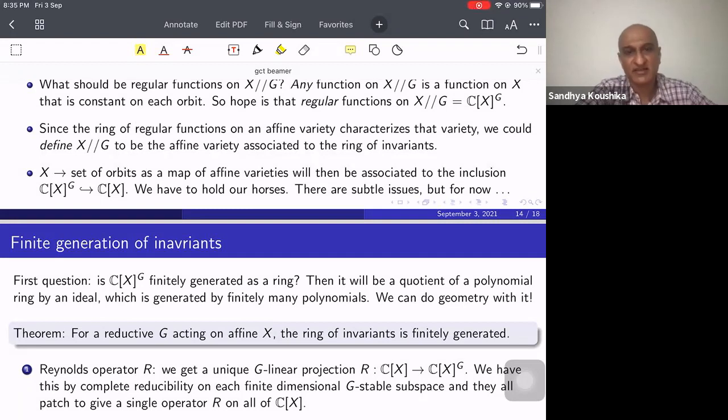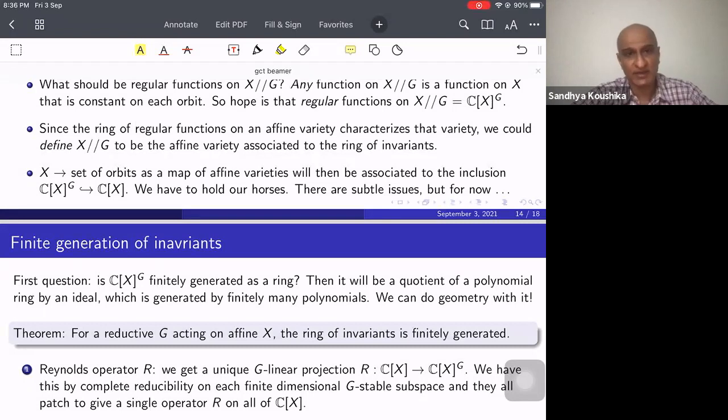Again, just remember a vector space decomposition into a basis. However, we said that if I take an isotypic component, namely I put together all the representations that are isomorphic to each other, then such a thing is unique on the nose. It is intrinsic, which is exactly the situation over here, because the invariants are simply the sum of all the trivial representations put together.